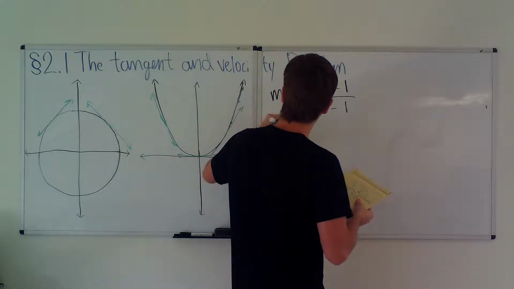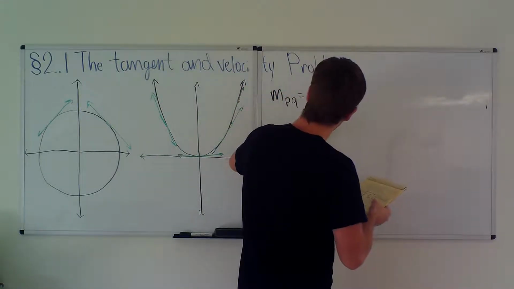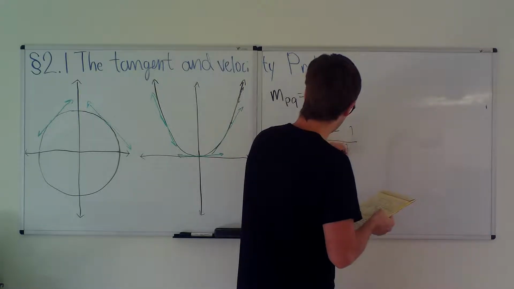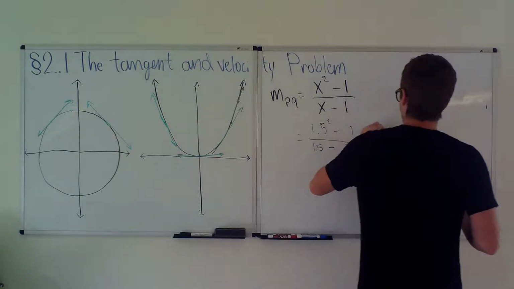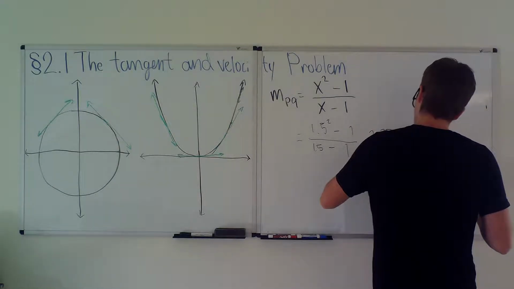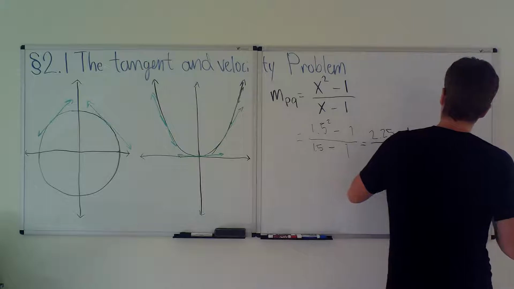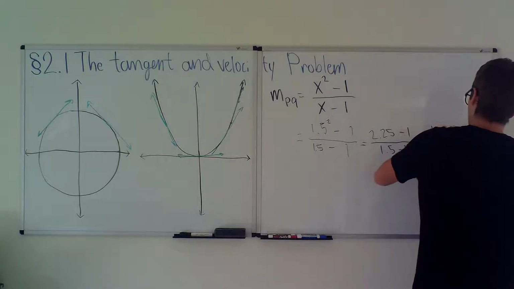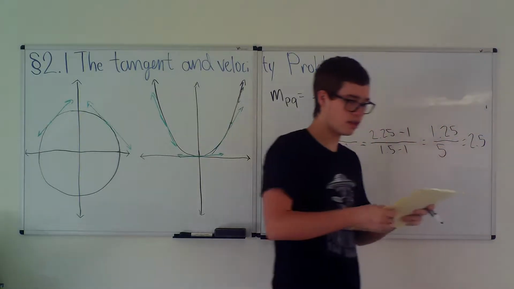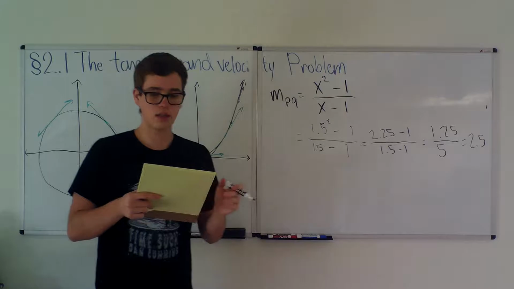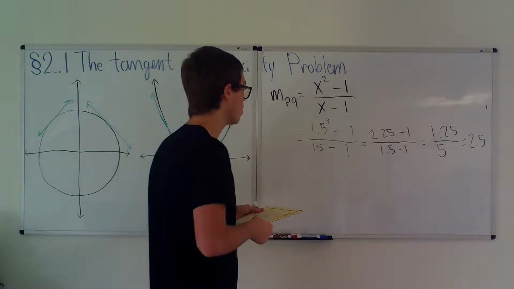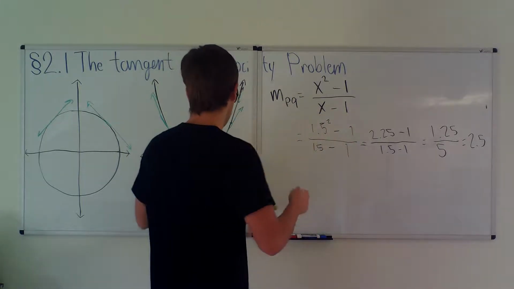This is equal to 1.5 squared minus 1 over 1.5 minus 1, which is equal to 2.25 minus 1 over 1.5 minus 1, which is equal to 1.25 over 0.5, which is equal to 2.5. So our secant line slope is 2.5, but let's plug in some more points and slowly get closer and closer to 1. So I'm just going to draw the table real quick.